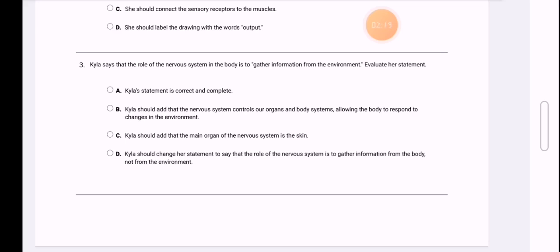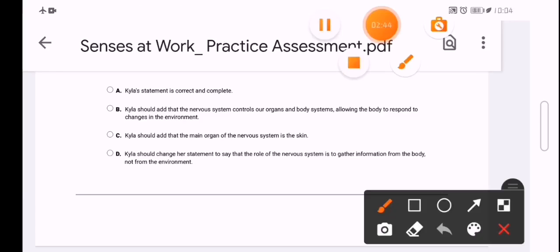Kyla should add that the nervous system controls our organs and body systems, allowing the body to respond to the changes in the environment. Kyla should add that the main organ of the nervous system is the skin. Kyla should change her statement to say that the role of the nervous system is to gather information from the body, not from the environment. Don't forget that gather means to collect.